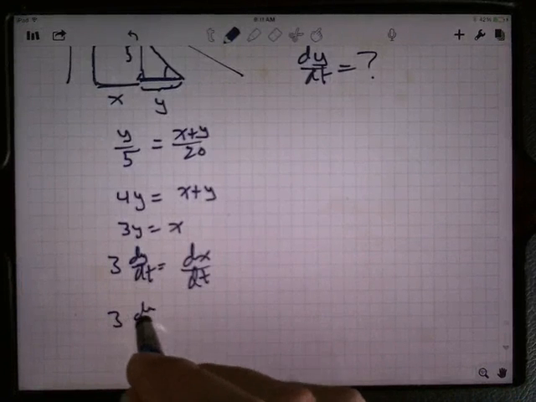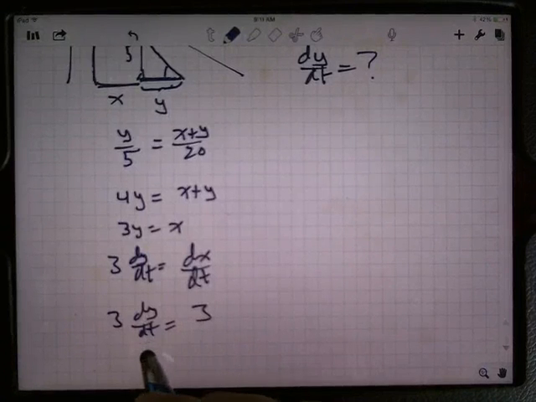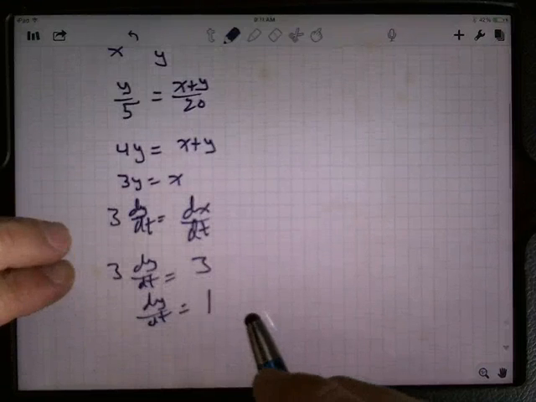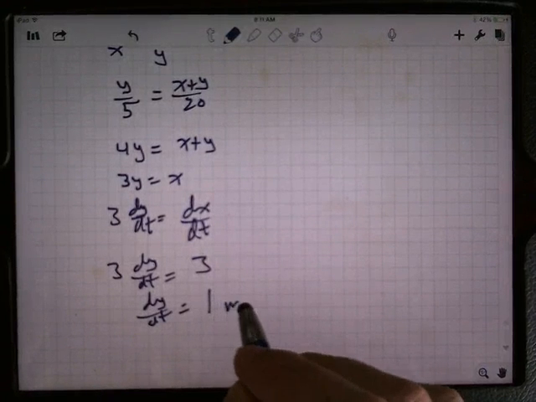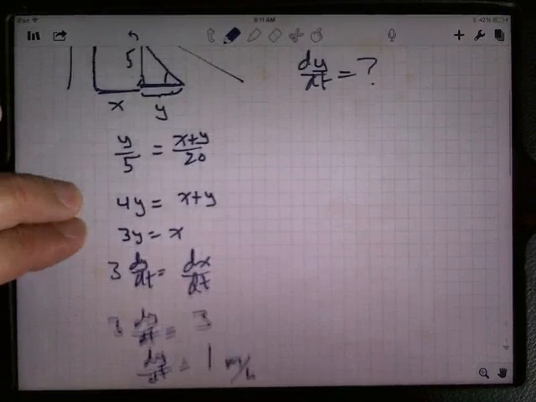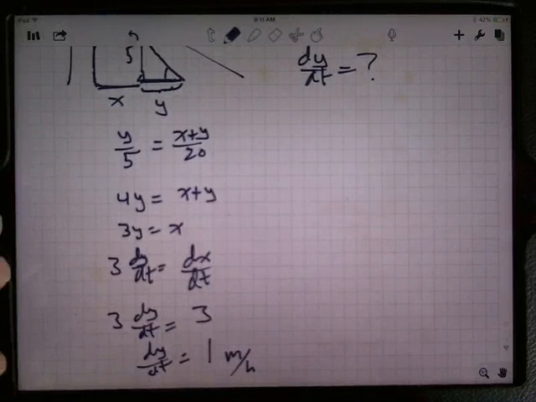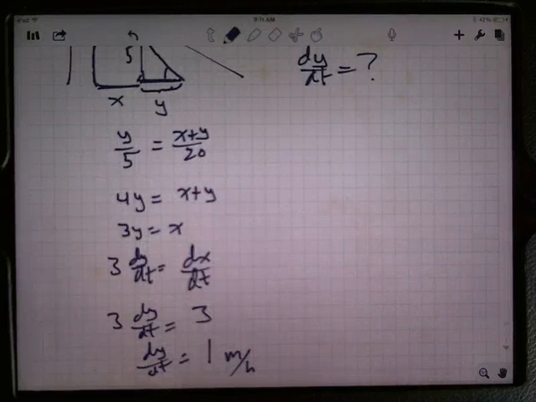So 3 dy/dt equals 3, so dy/dt equals 1. Apparently, with this person walking 3 miles per hour, the rate of change in the shadow is 1 mile per hour. It doesn't make any difference where the person is; the length of the shadow is always increasing at 1 mile per hour.